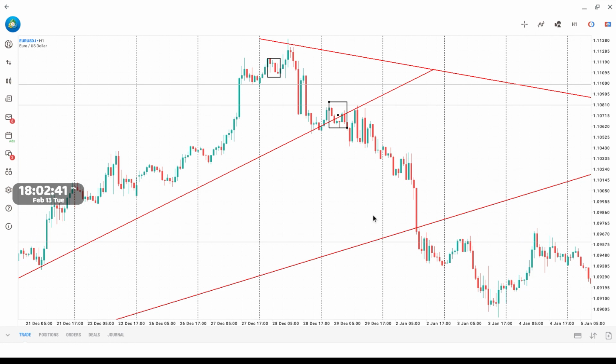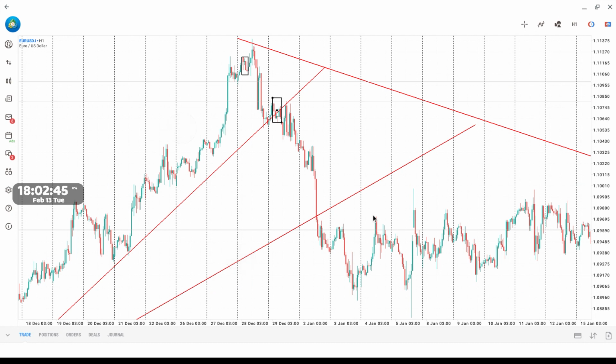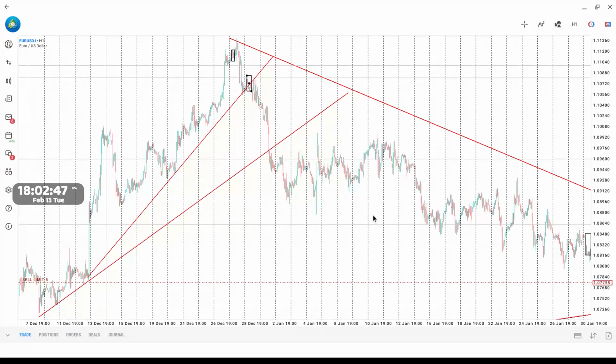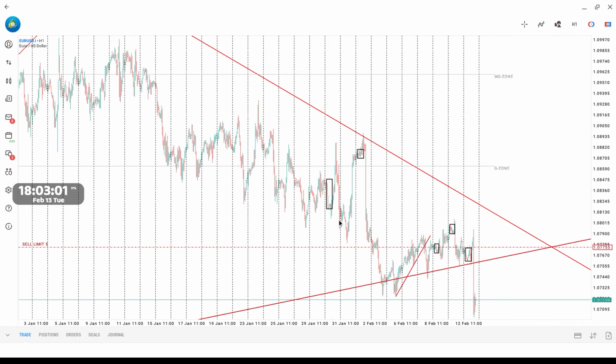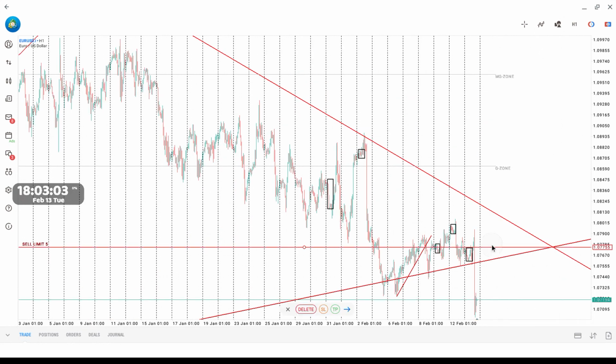Firstly, this requires a little bit of price action. So if you are not that good with price action, it will be somehow hard for you, but I will make it very easy.